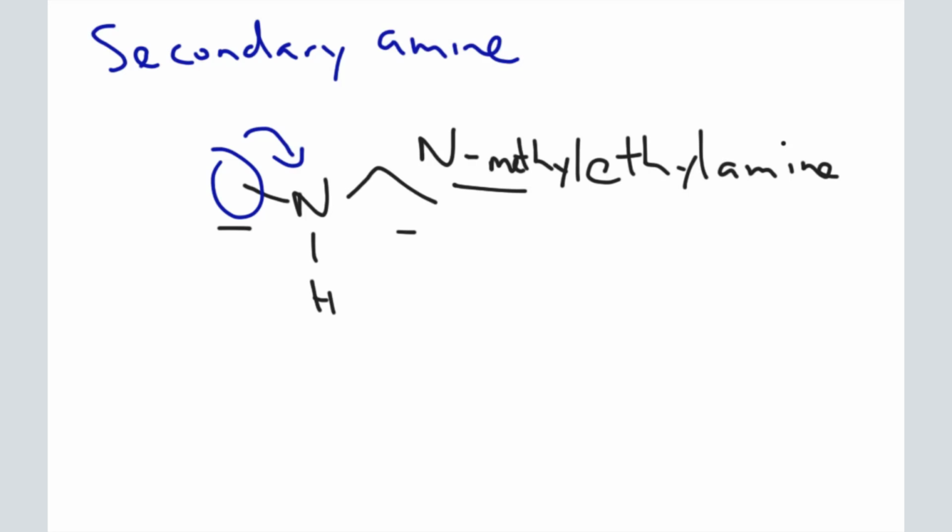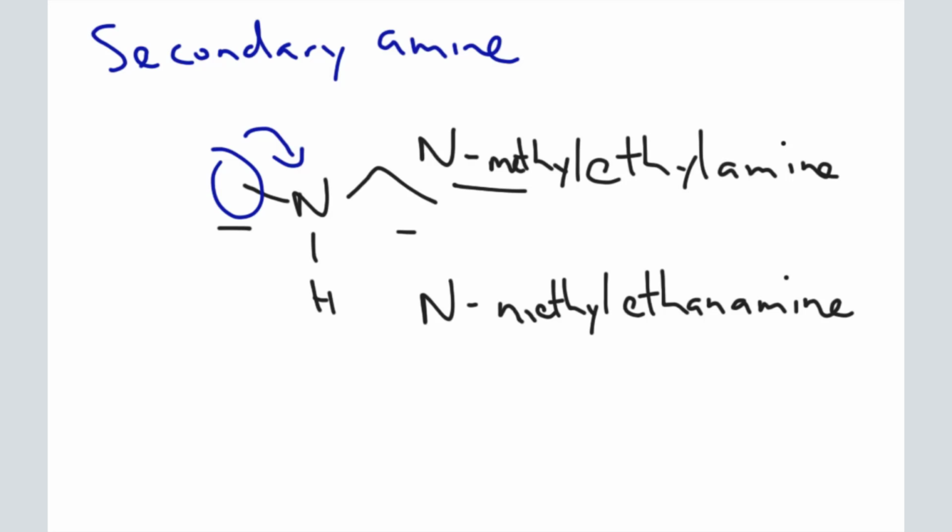If we wanted to do the alkanamine naming, this would simply be ethanamine as the final name. So we have an N-methyl ethanamine. Usually the alkylamine is the preferred way of naming these. And finally, the tertiary amines.